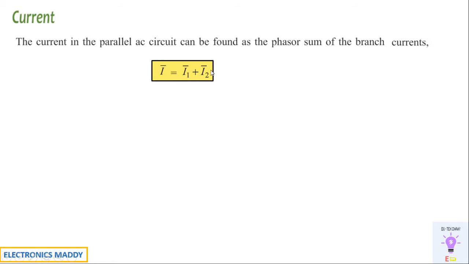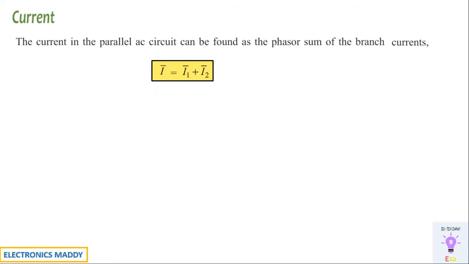The reason is that the sum of currents entering the node is equal to the sum of currents leaving the node, according to Kirchhoff's current law. In other words, the algebraic sum of currents in a closed loop or a mesh is equal to 0. If you have n number of currents, you add all of them. This is a very important formula for solving problems on parallel AC circuits.